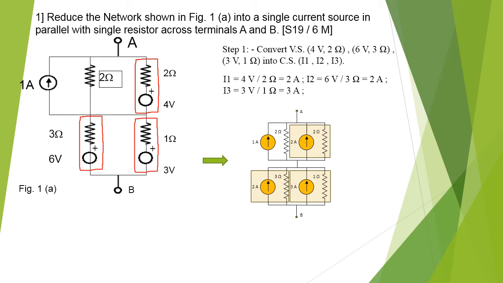Now the upper current sources get connected in parallel, and the lower part again gets connected in parallel. We have this circuit.